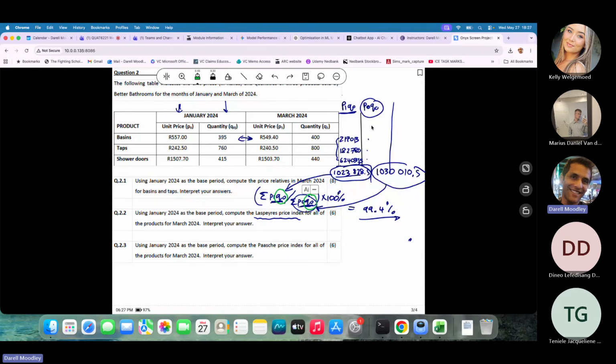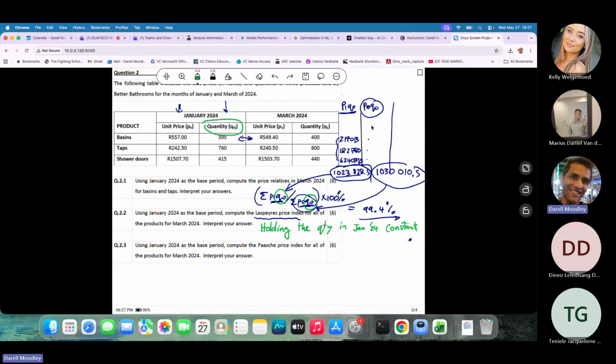But when you're interpreting it, don't say keeping Q naught constant. Say what it is. Q naught represents the quantity in January 2024. So all you need to say is holding the quantity in January 24 constant.